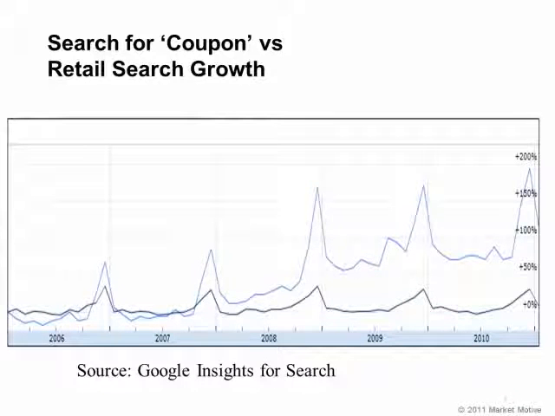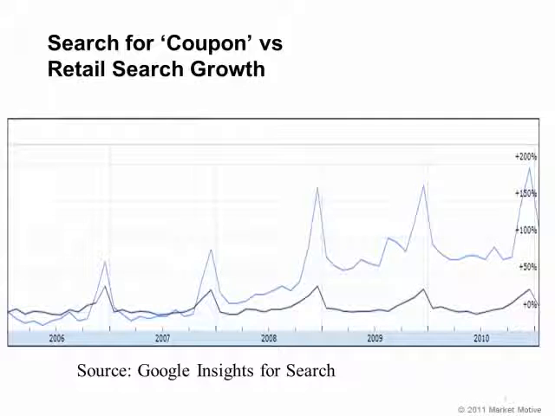For instance, a common trend over the past few years is consumers searching for deals. So one of the most common ways to search for deals is to include the word coupon in your search query. So this is a chart of the number of searches for the word coupon compared to the overall retail search growth.